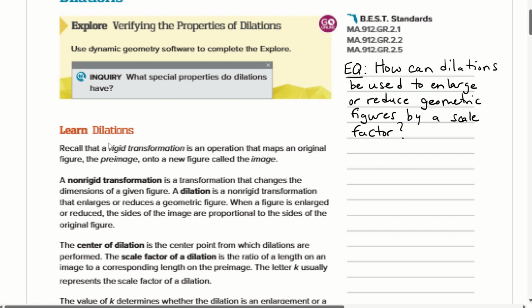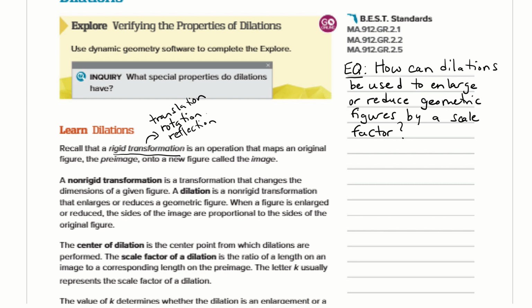scale factor? So remember that we had different types of transformations. We had rotations, we had translations, and we had reflections. Now those transformations were referred to as rigid transformations. Okay, so again, think rotation, think reflection, and think translation.